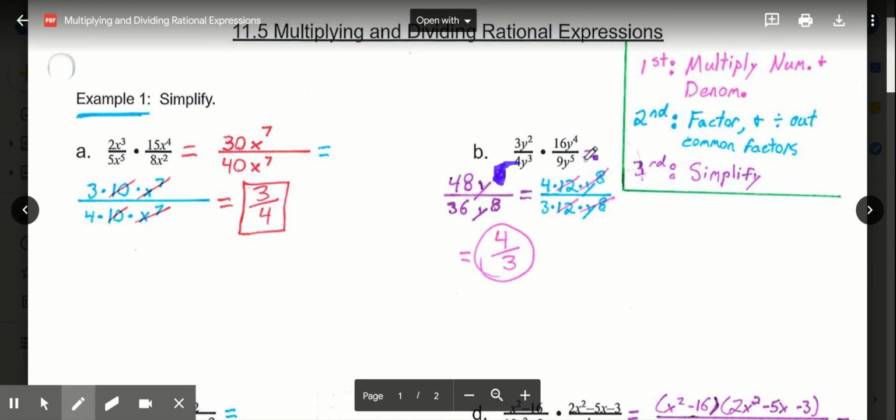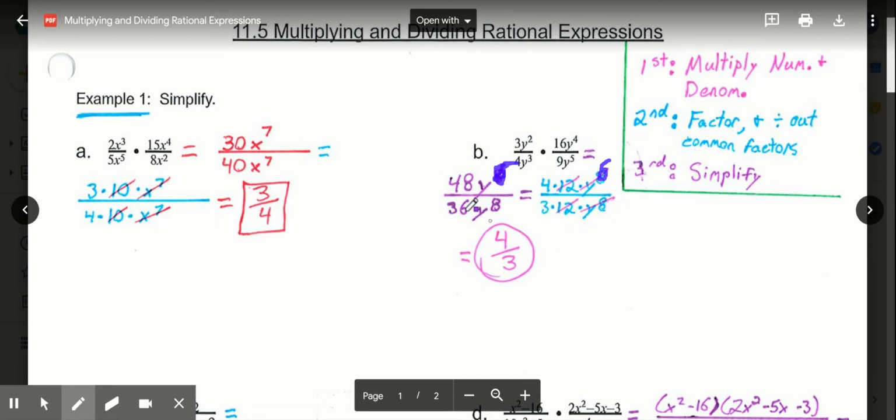So we have 48y to the 6 over 36y to the eighth when we multiply across top and bottom. Then we're looking, what can we divide out? In this case, I can divide out a 12, since 48 and 36 can both be divided by 12, and a y to the 6.